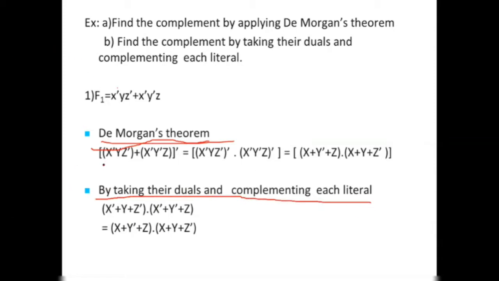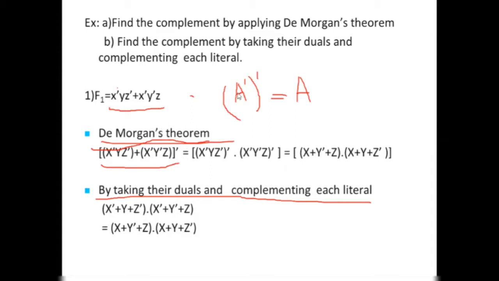So let's look at the first one. Assume that this is the function given to you. If we assume this function is A, the complement's complement equals A. We get the complement and then get the complement again, and it is equal to A. This is what is applied in De Morgan's theorem.